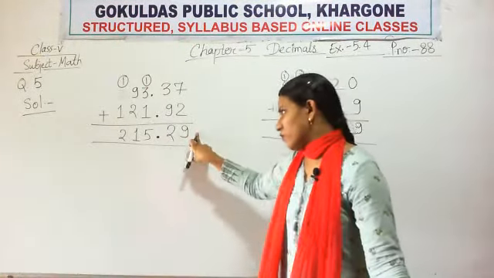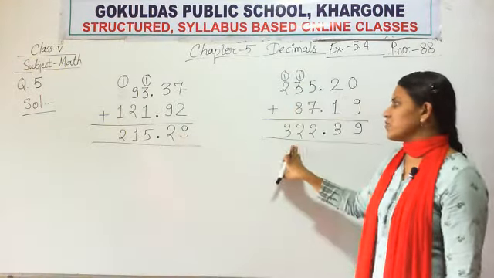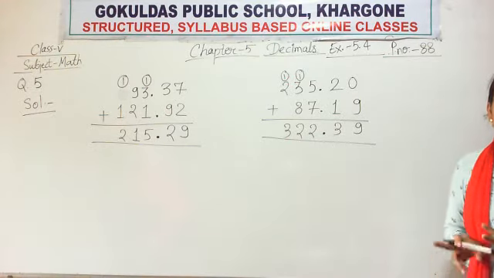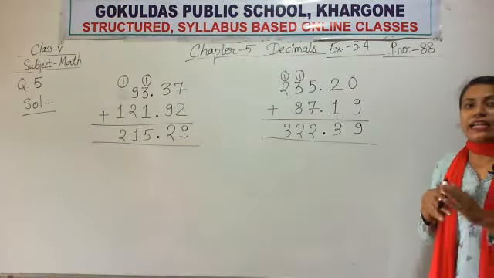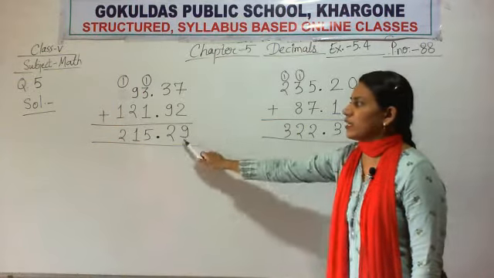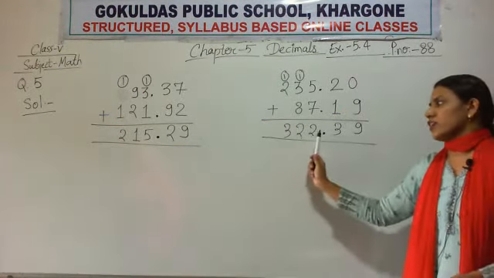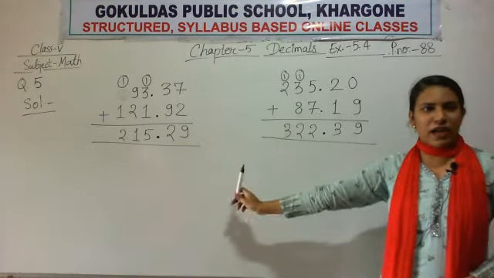Okay. So one sum is 215.29 and the other sum is 322.39. You want to subtract the sums, and in subtraction, what we do is write the larger number first. So which sum is larger between these two? 322.39 is a larger number than 215.29.